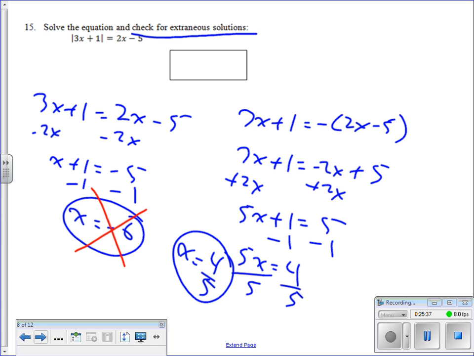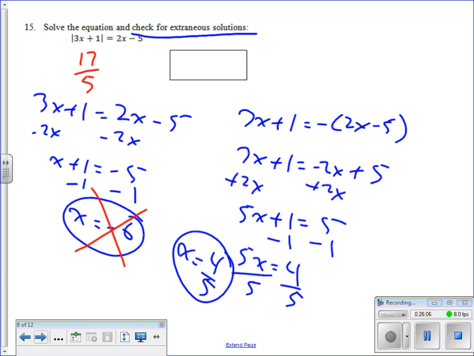4/5. 4/5 times 3 is 12/5. 12/5 plus 1 is 5 plus 12, I get 17/5. And you will have calculators. You can make 4/5 into a decimal and multiply it through on your calculators to check your answer. I don't care. I'm just doing fractions because I like fractions.